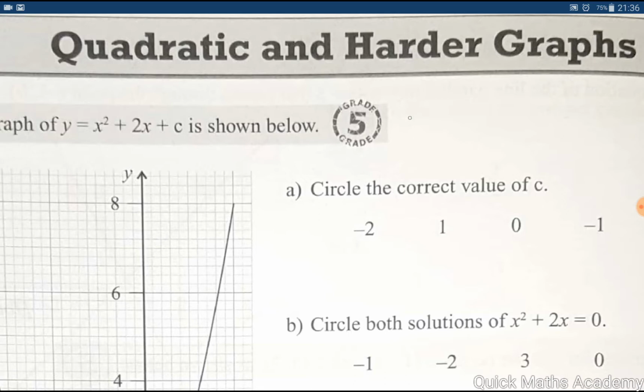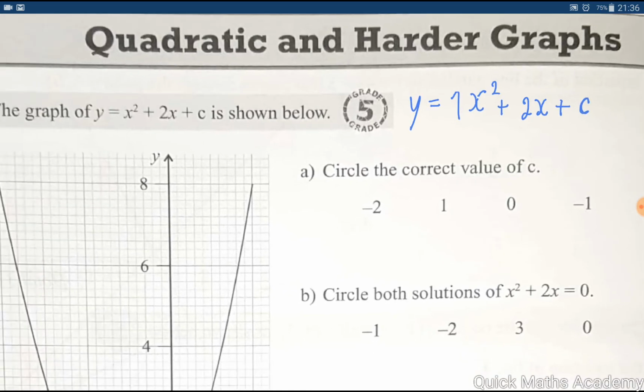So I can write this same graphic like this: y equals 1x squared plus 2x plus c. Just because when I don't have nothing in the x squared term, that means there is a 1 there. To have x squared or to have 1 times x squared is the same thing. Just keep that in mind.